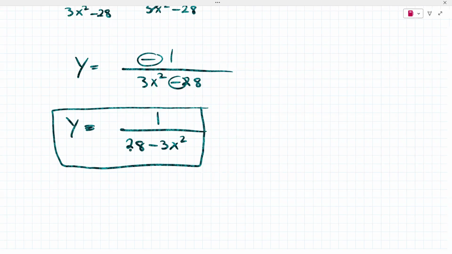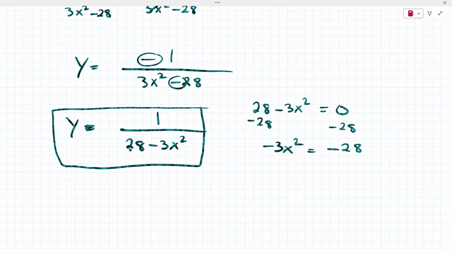So if you do that, set the bottom to 0, 28 minus 3x squared equals 0, and then solve for x, you would have to subtract 28, divide this by negative 3, and I get positive 28 over 3.